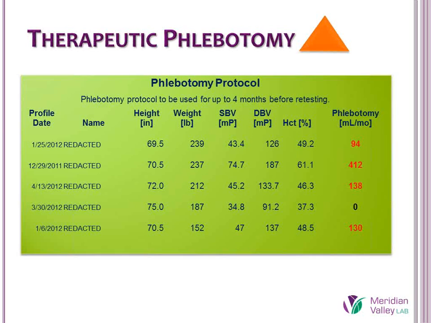So more typical is for 3 to 5 ounces a month. And if you do the blood viscosity profile with us, this is something that we can help you calculate for your patient. Now, does donating blood really make a difference?